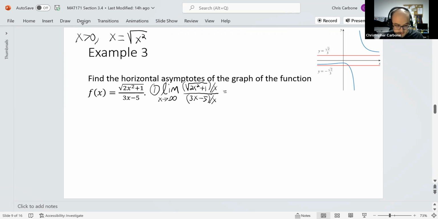So this is going to be the limit as x approaches infinity of, for this numerator, combining that with that division by x, the square root of 2x squared plus 1 divided by x squared, this whole thing divided by 3x minus 5 divided by x.